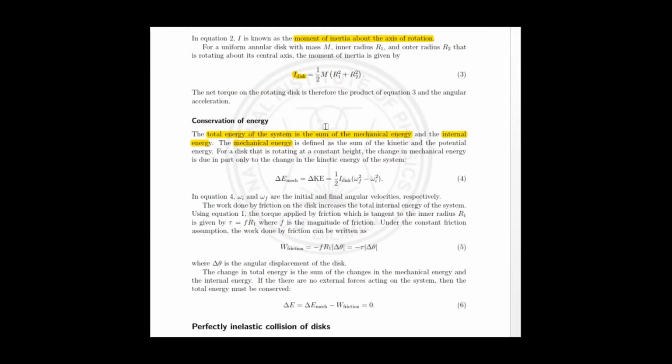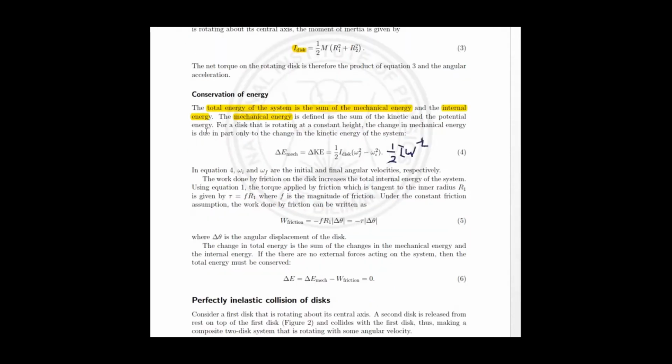I can write here, this is 1/2 I omega squared. So this formula is simply K1 minus K2 or Kf minus Ki, kasi you can actually expand this to 1/2 I disk times omega f squared minus 1/2 I omega i squared. So 1/2 I omega squared pala ito.